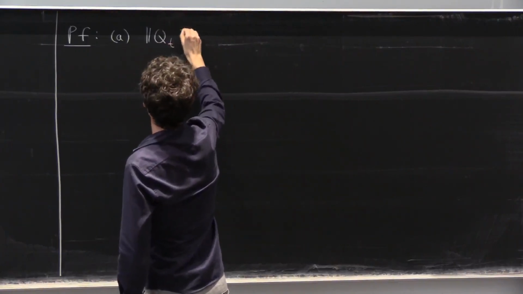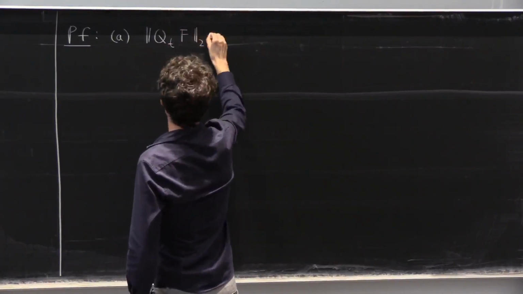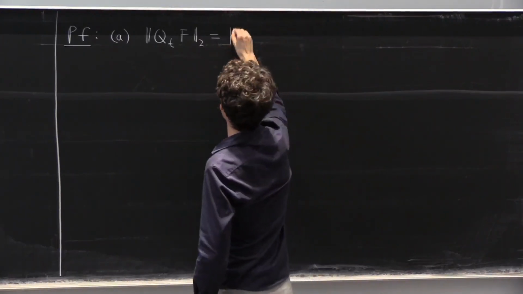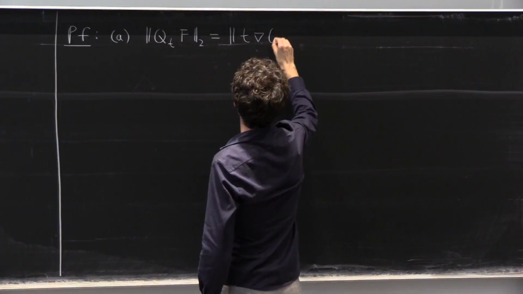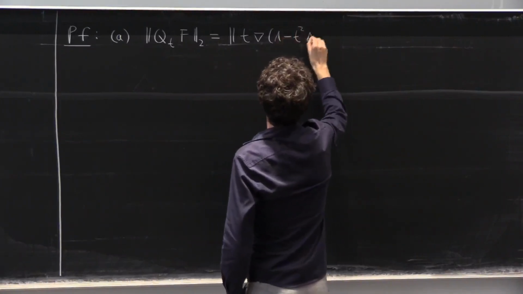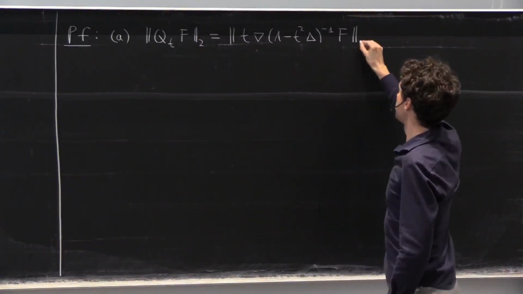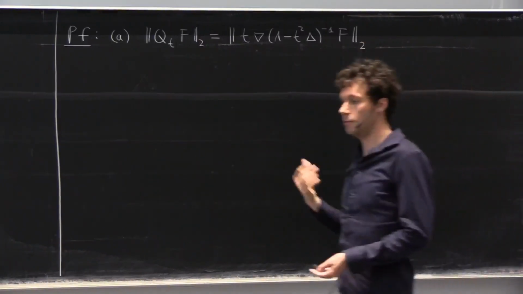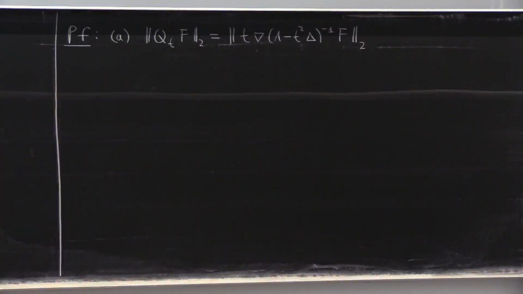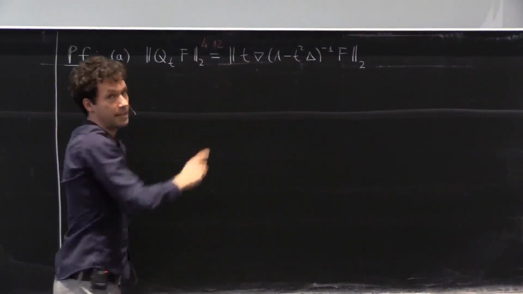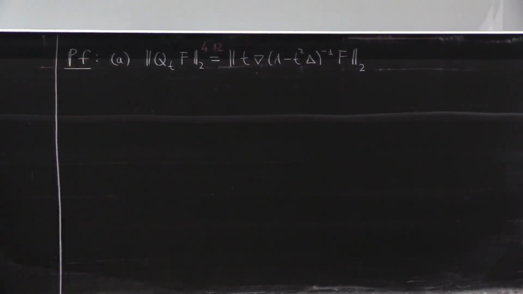Qt of f in L2 norm: I take the definition of Qt, which is up there, t times gradient times the resolvent of the Laplacian, applied component-wise. But now I have the Kato property. Kato property 412, red color. 412 says, instead of taking the gradient, I can take the square root of the Laplacian.